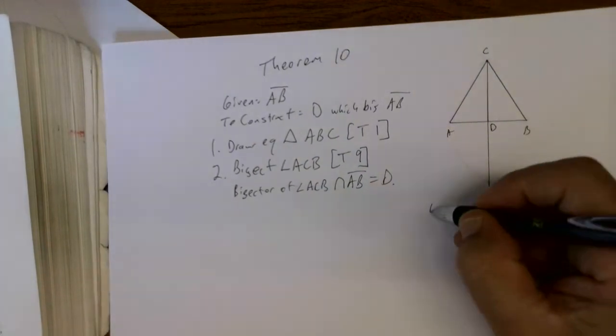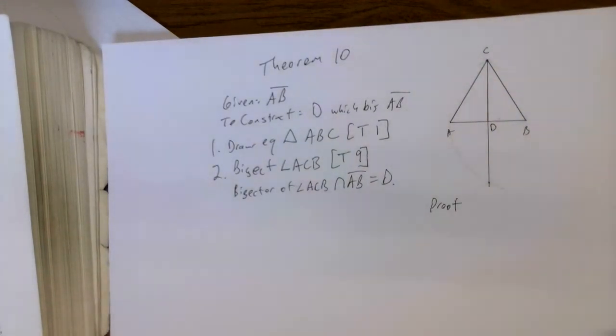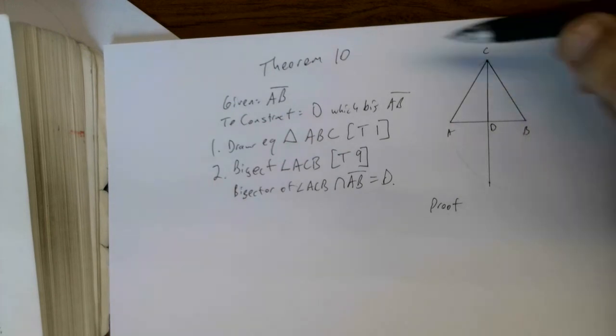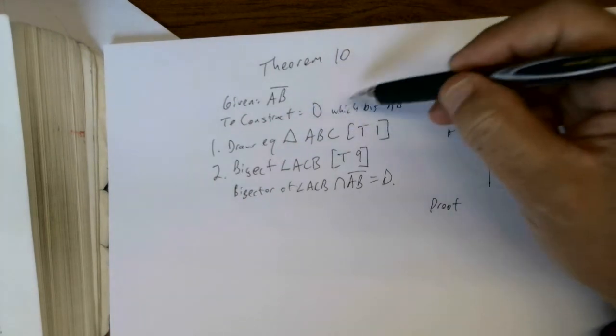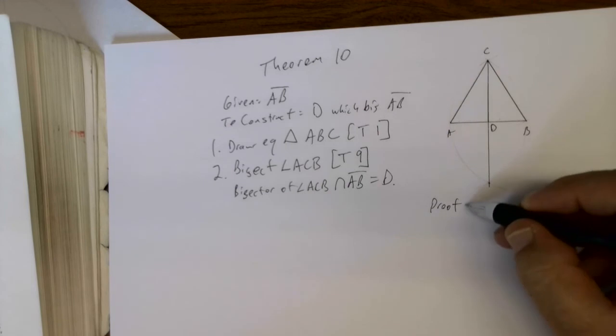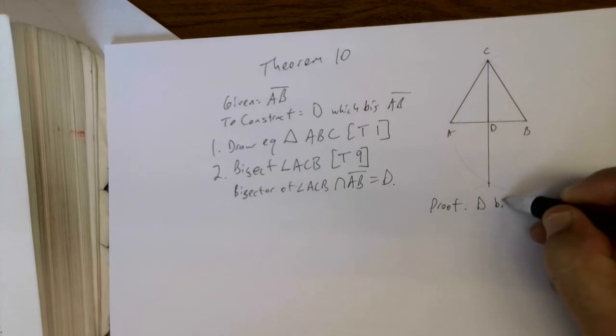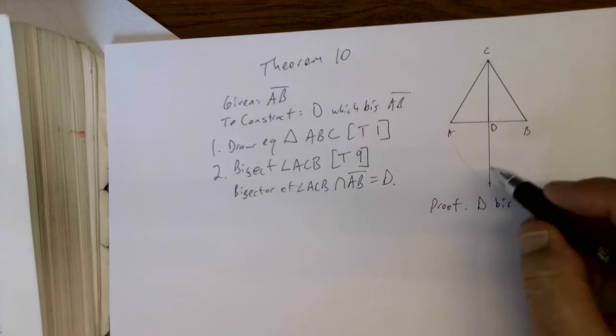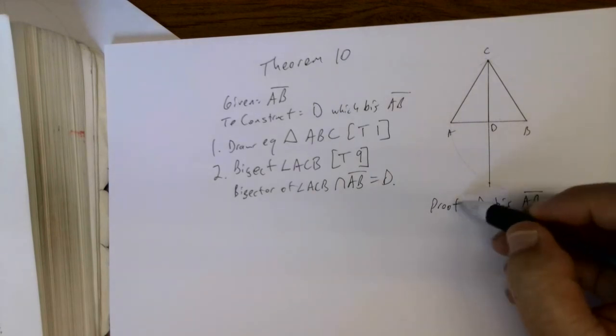So now I'm going to write a proof that what I did accomplished what I said it was going to do, which is that D bisects AB. Okay. Point D bisects line AB. So that's what I want to prove.